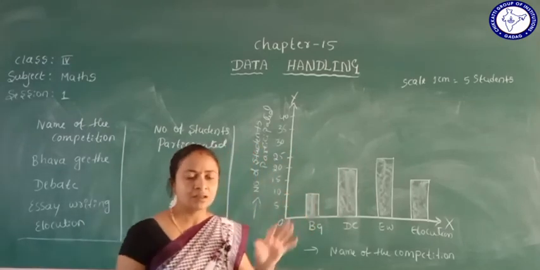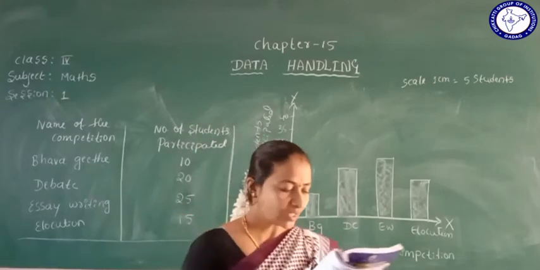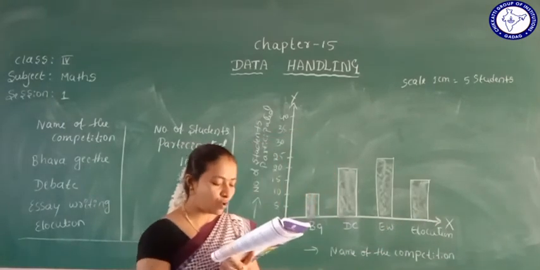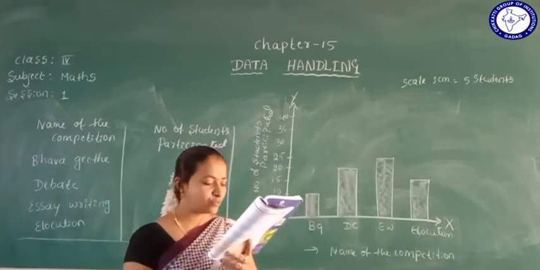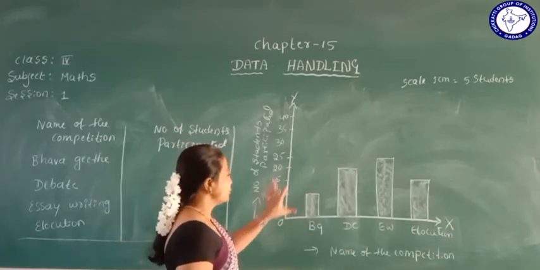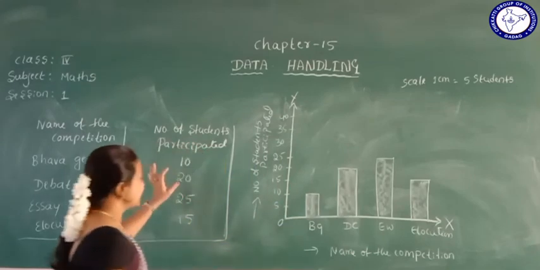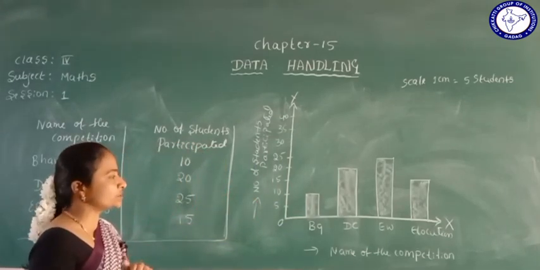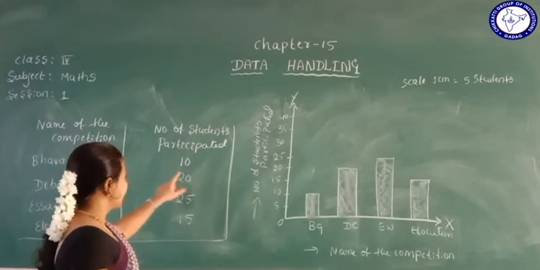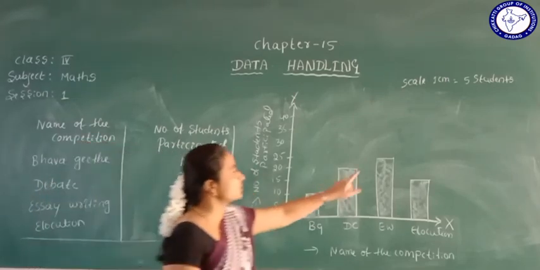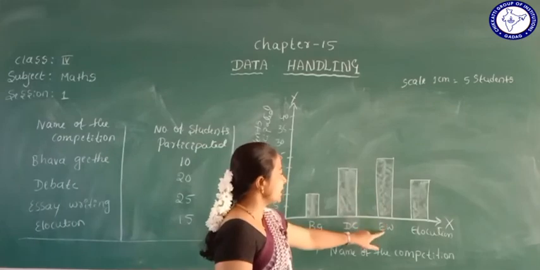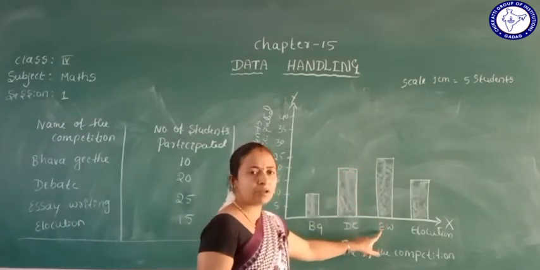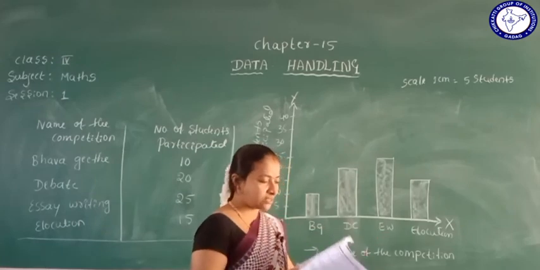Understood this one? Next, they have given questions to answer. In which competition did the maximum number of students participate? See this graph: which one is highest? That is essay writing, so the maximum number of students participated in the essay writing competition.